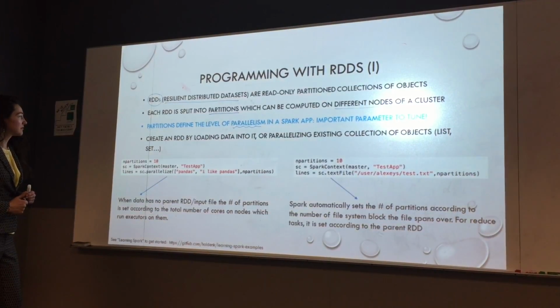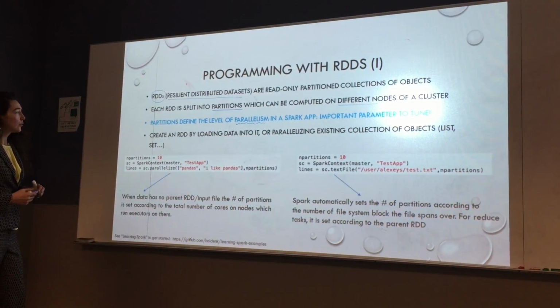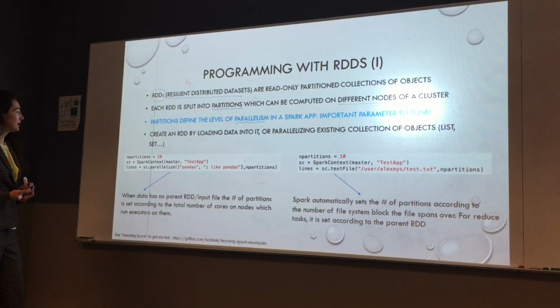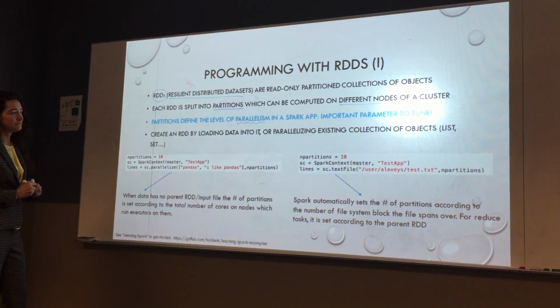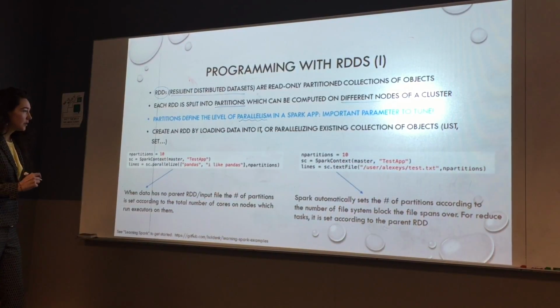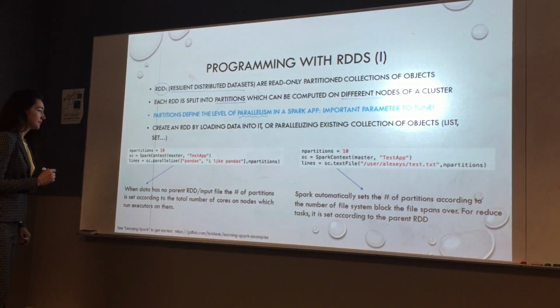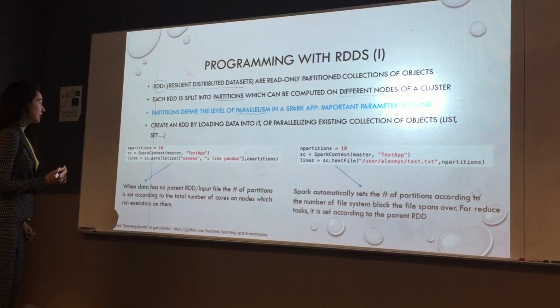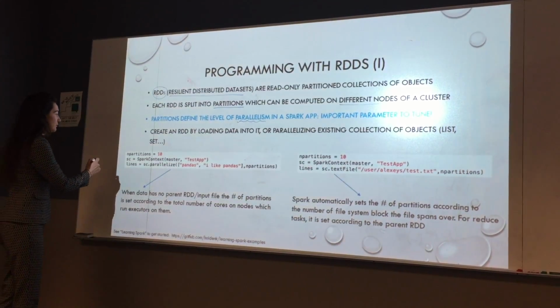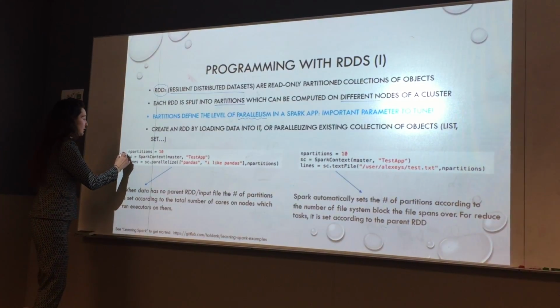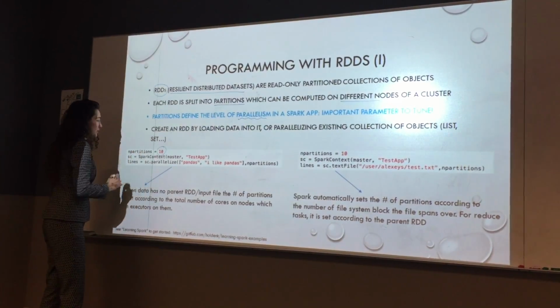How do we create it? We can create the RDD and load the data into it. So, for example, if we want to create a new RDD, let's say we want to have 10 partitions.